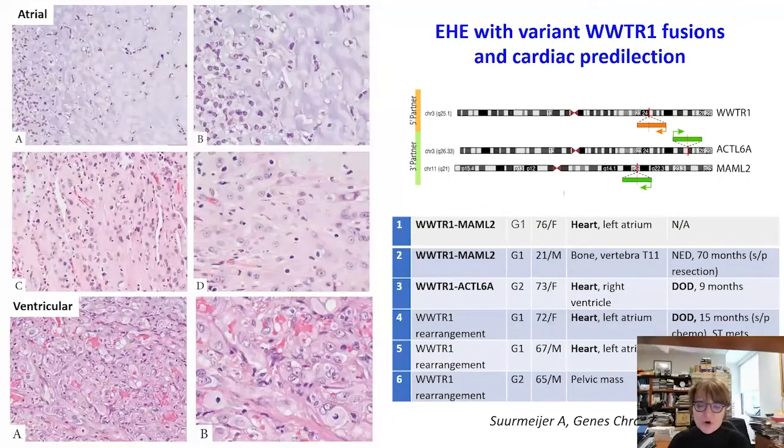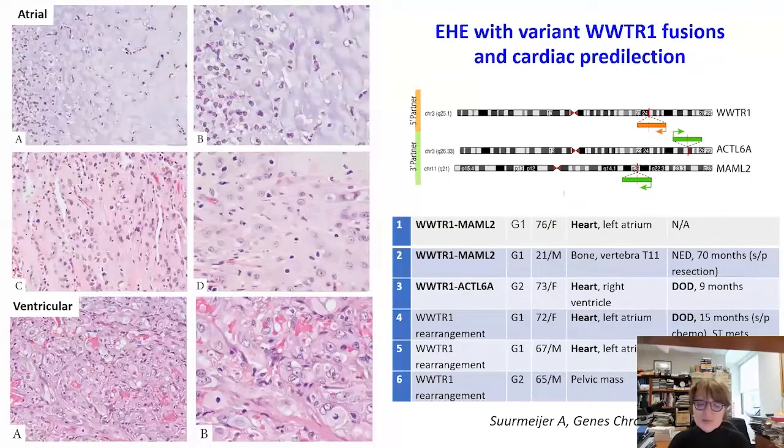As I mentioned before, these genomic NGS, next generation sequencing platforms such as Archer have allowed us to identify rare cases with novel translocations. And in a recent publication, we described this WWTR1-MAML2 fusion that seems to correlate with a cardiac EHE, either in the left atrium or the right ventricle.